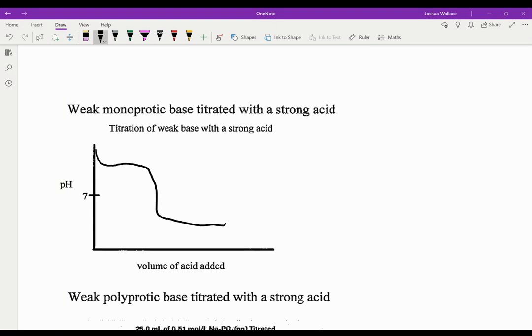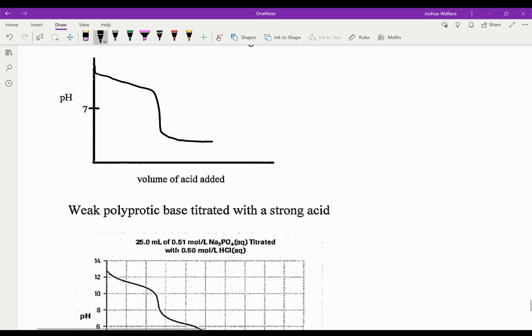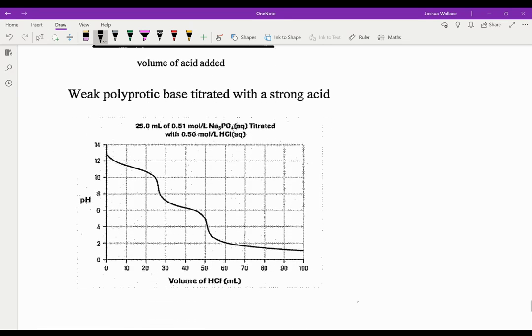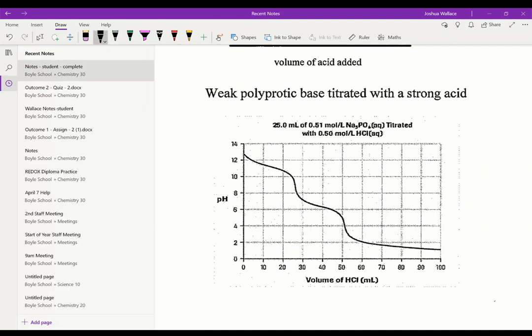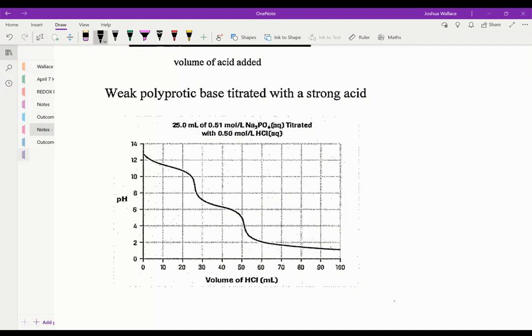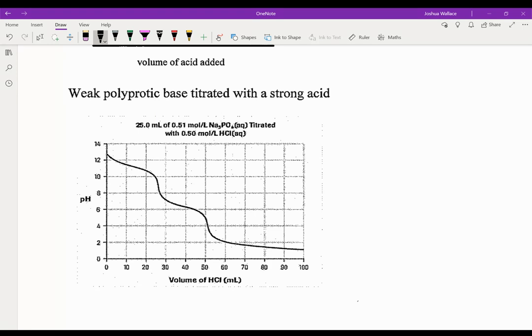One mistake I did make is that this should probably go more like this, and then it'll drop down, like so. We have a weak polyprotic base titrated with a strong acid, which is sodium phosphate titrated with HCl. And again, as we go down, we have 1 equivalence point and 2 equivalence points.